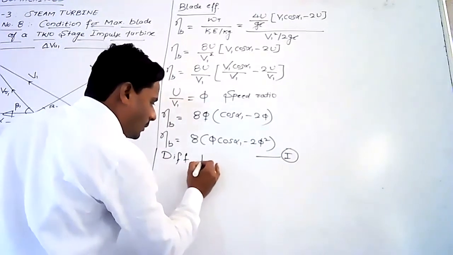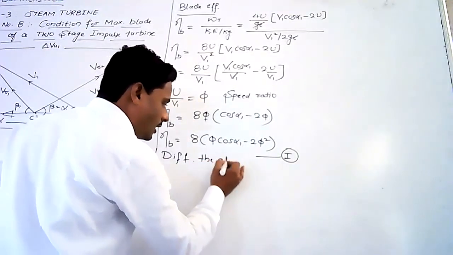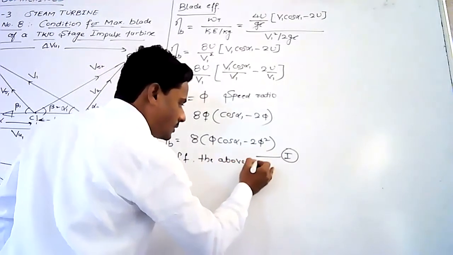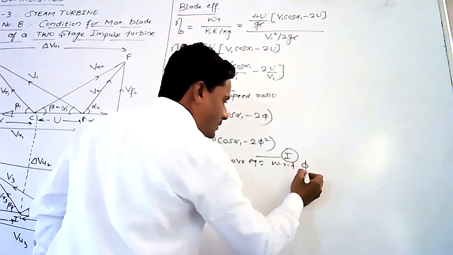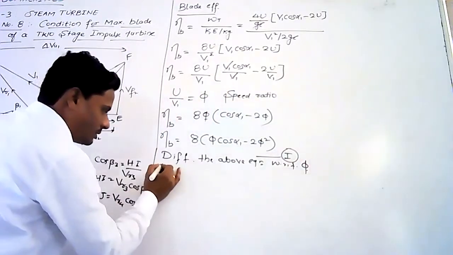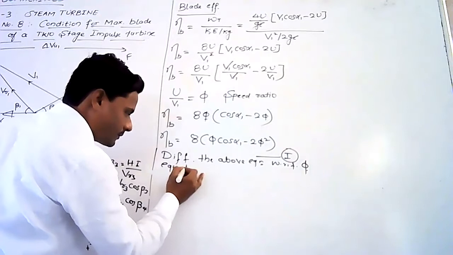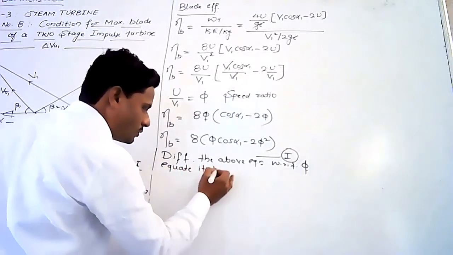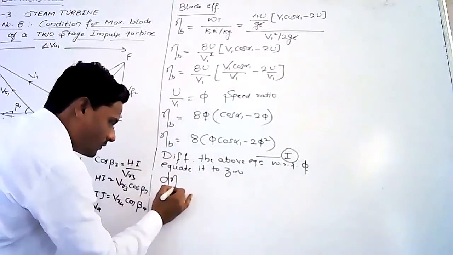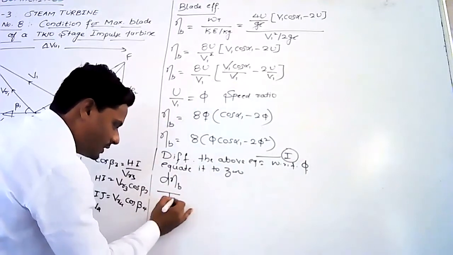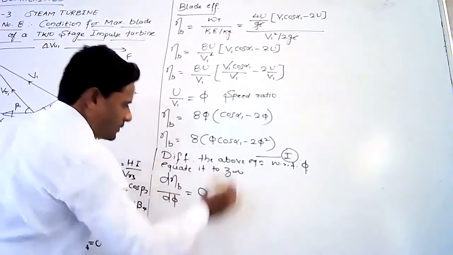Differentiating the above equation with respect to phi and equating it to 0. So I can write differentiation of eta B with respect to phi is equal to 0.